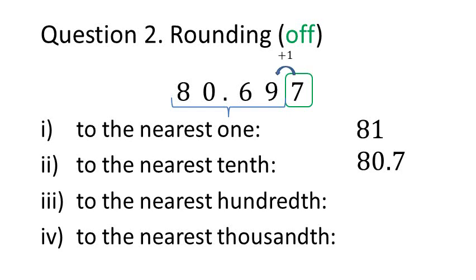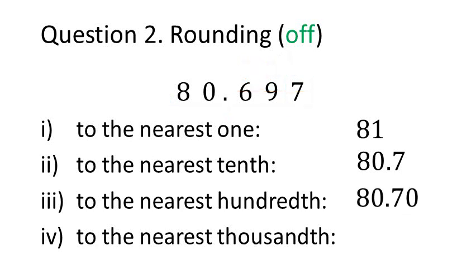So this digit becomes 0, and we need to carry over the 1. So the digit before that one becomes 7. Then discard others. So the answer will be 80.70.